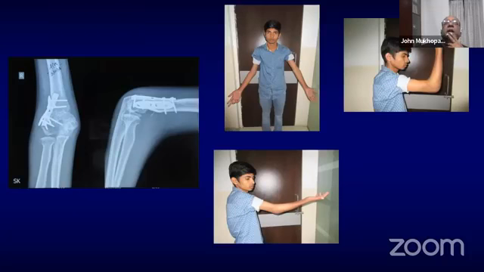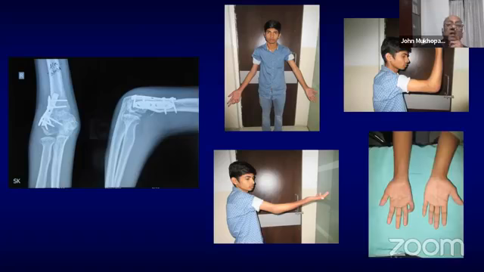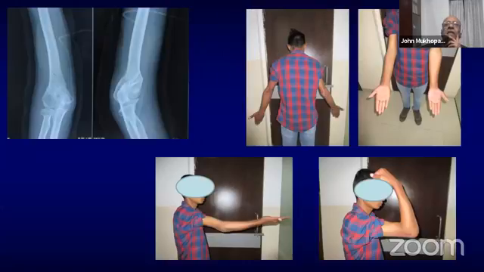And over a period of time, it took some time for him to get back movement. He also had a post-op ulnar nerve palsy, as you can see here. So once the osteotomy had healed and he got back a reasonable range of motion, we went in and did ulnar nerve neurolysis and translation. And luckily, he got back his function.